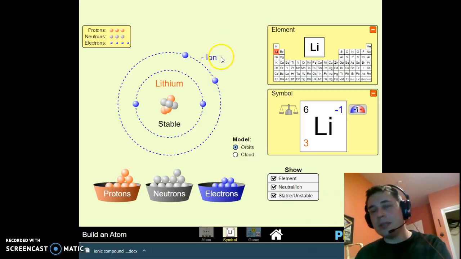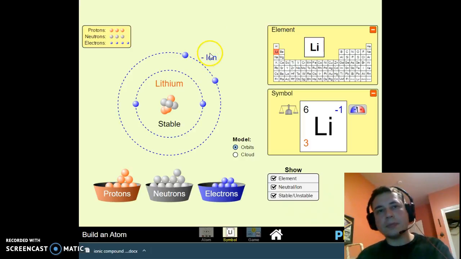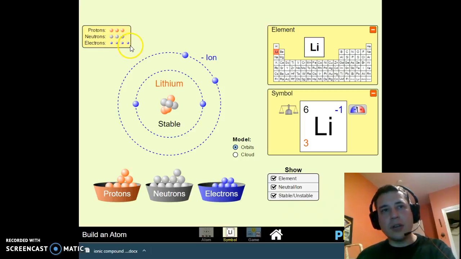So an ion means that it has a charge. And this is a negative ion because it now has 4 electrons, and it only has 3 protons. Seeing that it has 4 electrons, this is now more electrons than protons, and it has a negative charge to it. That makes it a negative ion.